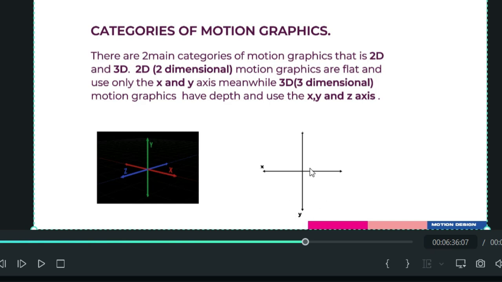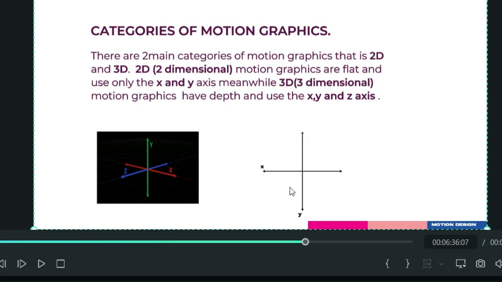Even just going by the name, there's movement in the animation only in two ways, either along the x-axis or along the y-axis. Movement along the x-axis is either forward or backward, while movement along the y-axis is either upward or downward. So in 2D animation, the movement is only along the x-axis and the y-axis.